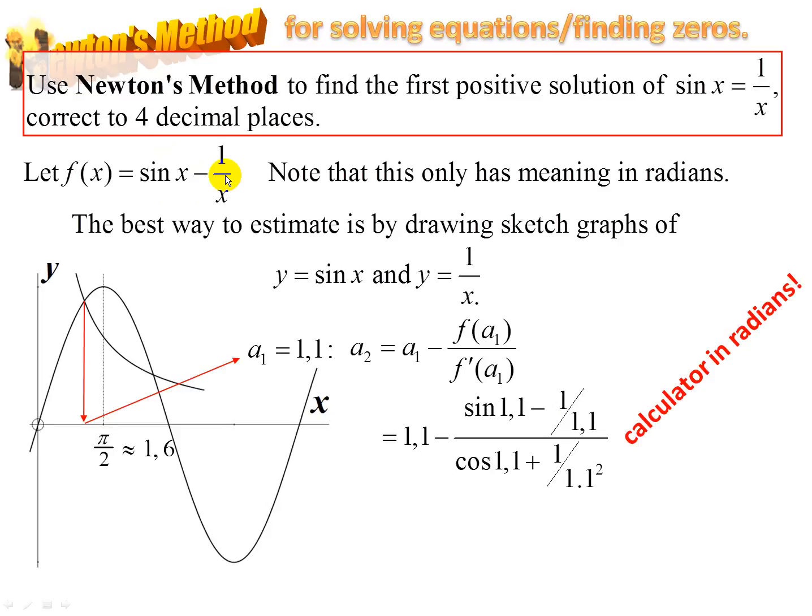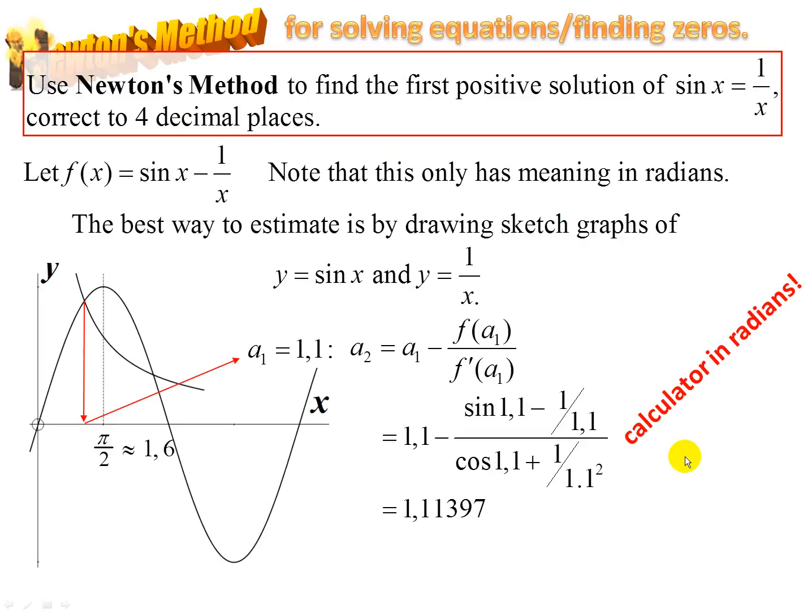Try it. Therefore, I'm going to have cos 1.1 plus 1 over 1.1 squared. There is my calculation. And that turns out as 1.11397. Notice I'm going to 5 decimal places because I have to find a correct to 4. Let's not have it compromised by early approximation.